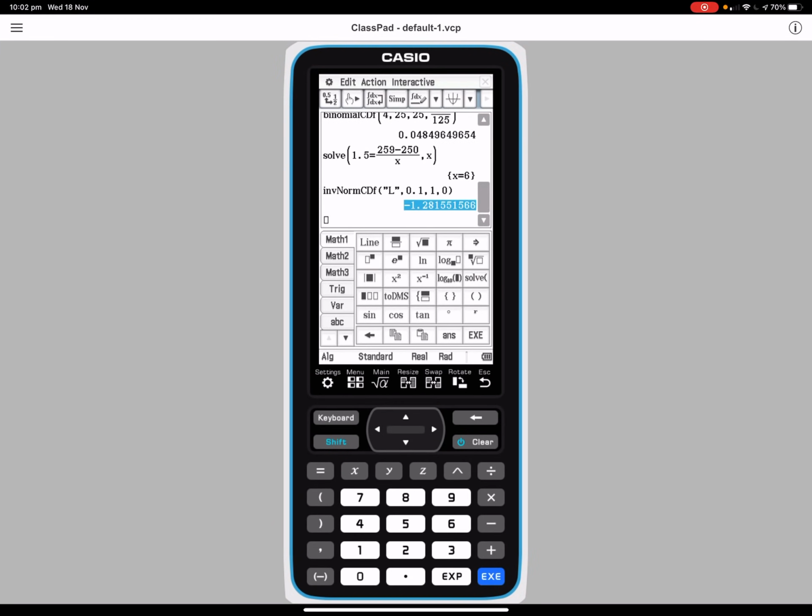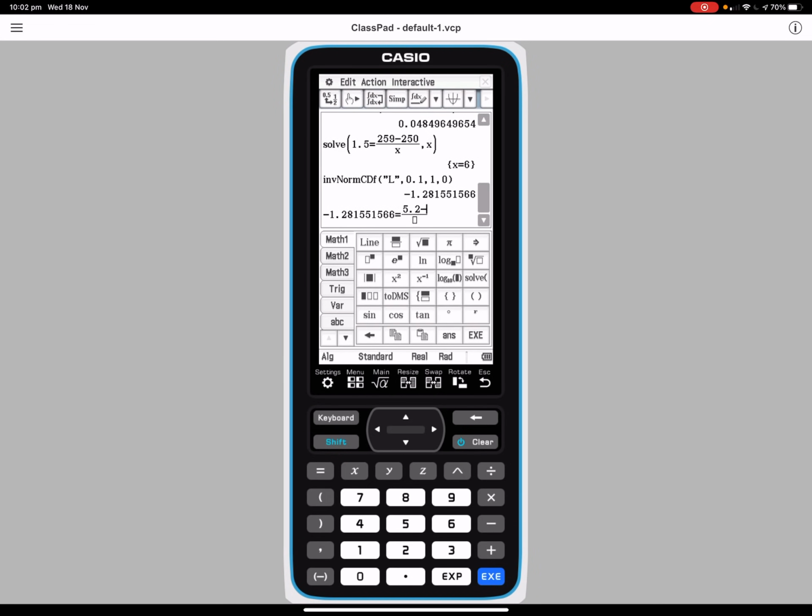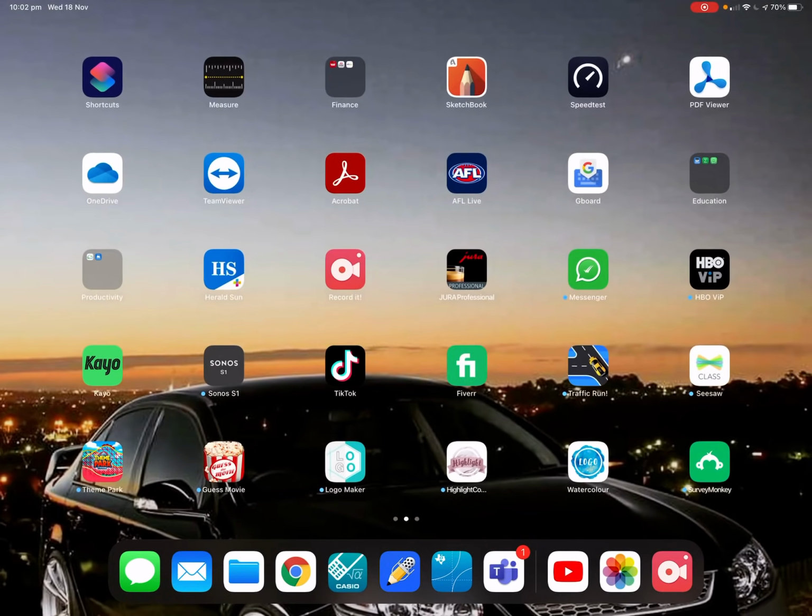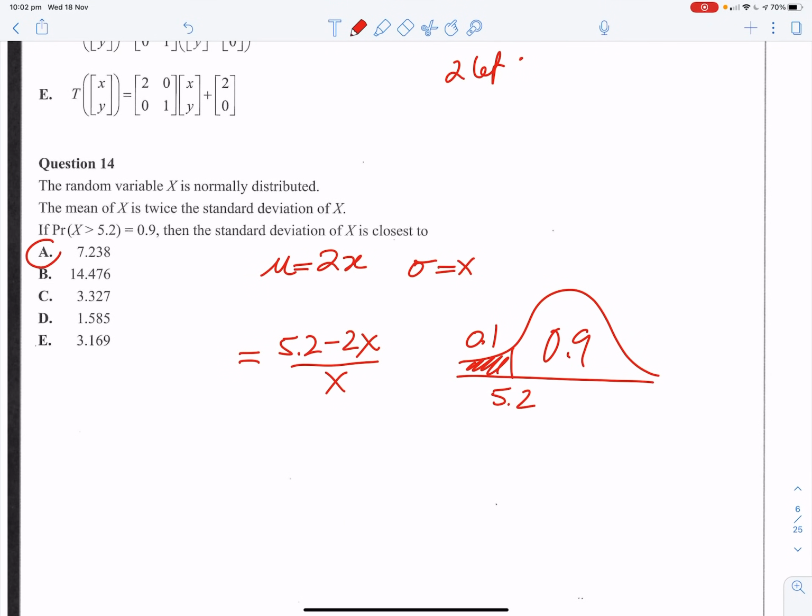So we say that is equal to x, which is 5.2, minus mu, which is 2x, on sigma, which is x. (7.238).